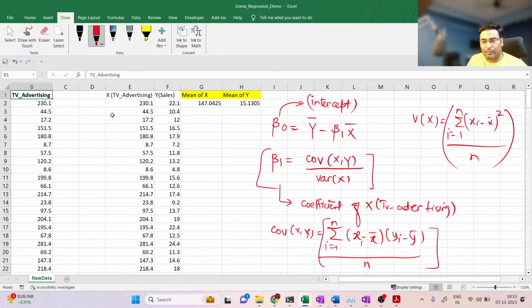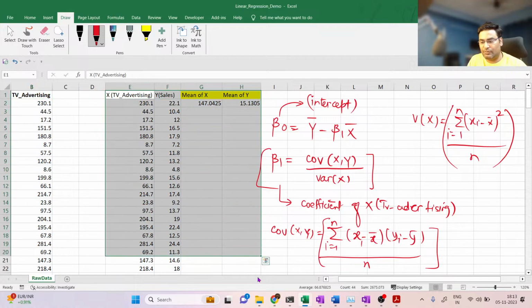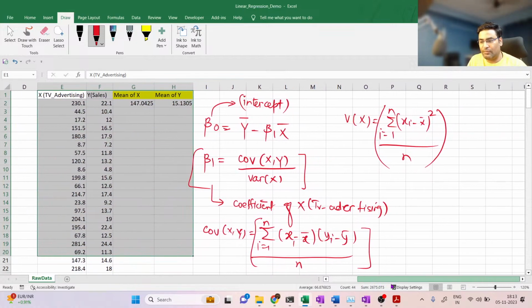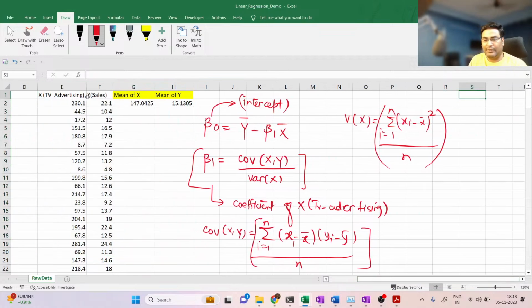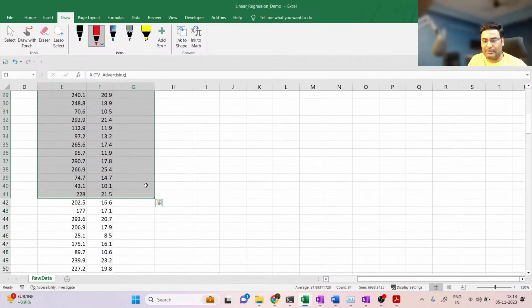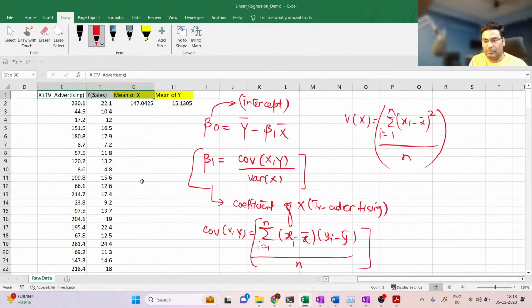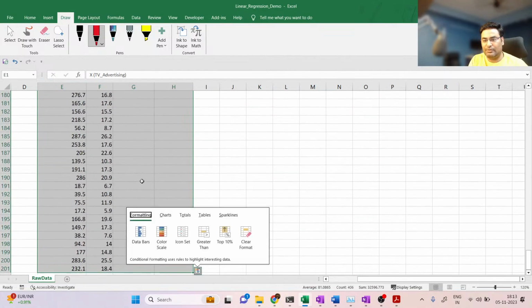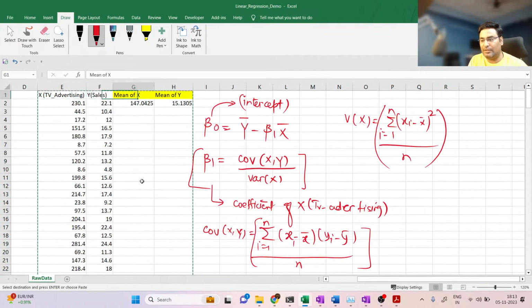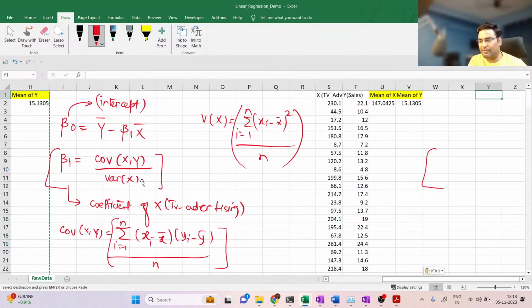Now what I'll do, I'll come here, copy paste this whole thing, and let's go to the right so that it is easy for us to operate, but we have the formula in front of our eyes as well. Perfect.